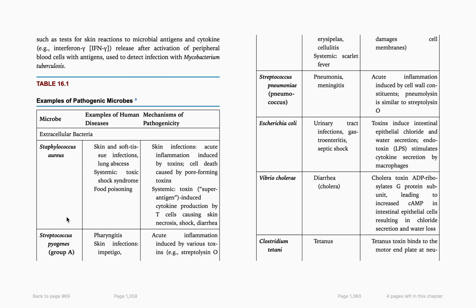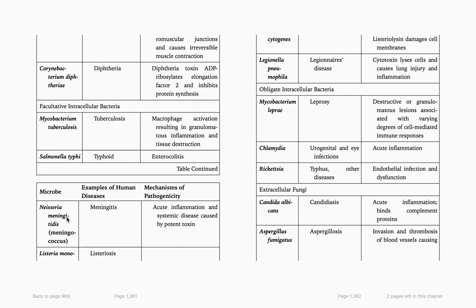This is tetanus toxin, binding to the motor end plate at the neuromuscular junction and causing irreversible muscle contraction. We have Corynebacterium diphtheriae, which causes diphtheria. The mechanism is diphtheria toxin, which ADP-ribosylates elongation factor 2 and inhibits protein synthesis.